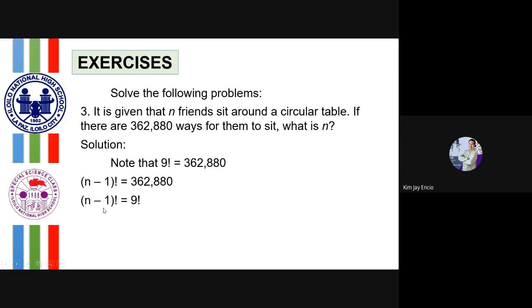So that's n minus 1 factorial equals 9 factorial. And you see there are both factorials. This implies that n minus 1 is equal to 9, and that's n equals 10. Hence, there are 10 friends that sit around a circular table.